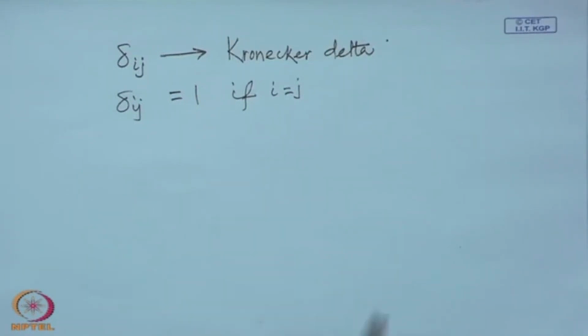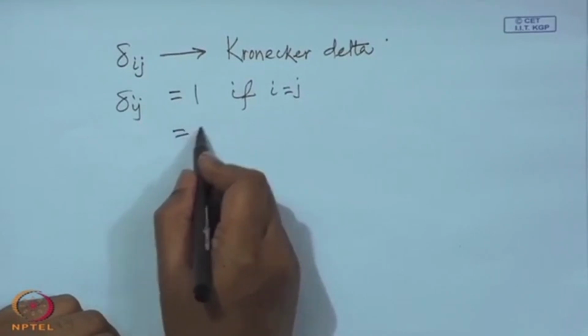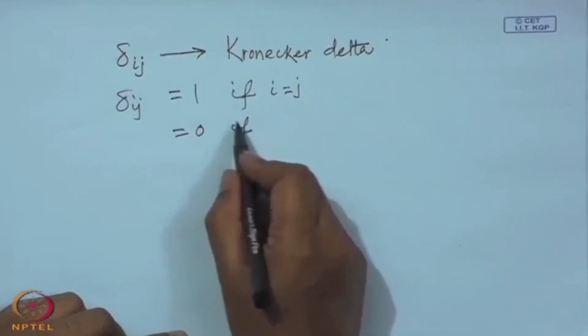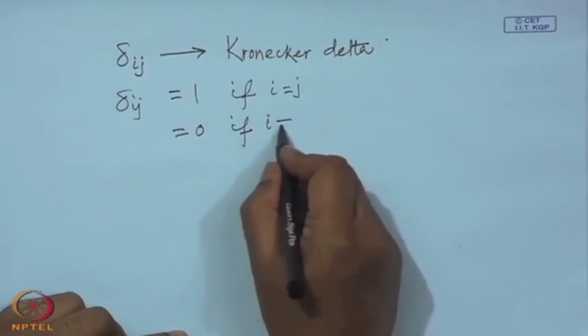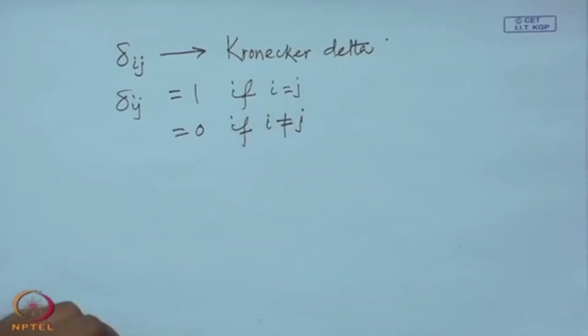So, i equal to j means the diagonal elements. The diagonal elements are 1 and all other off-diagonal elements are 0. So, in the matrix representation, this is simply the identity matrix.